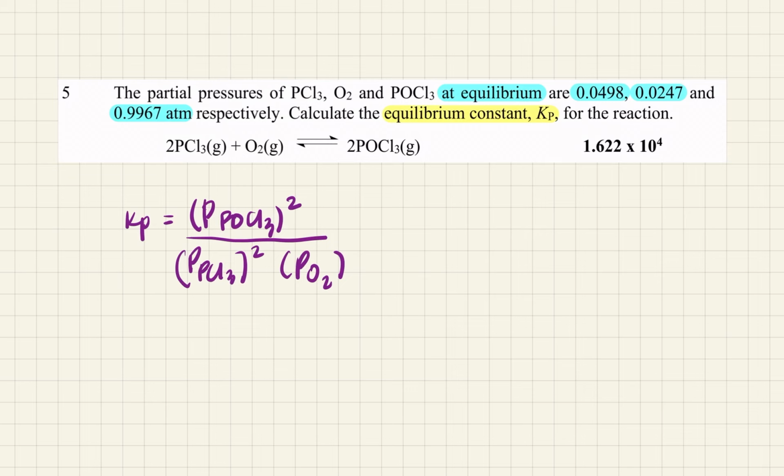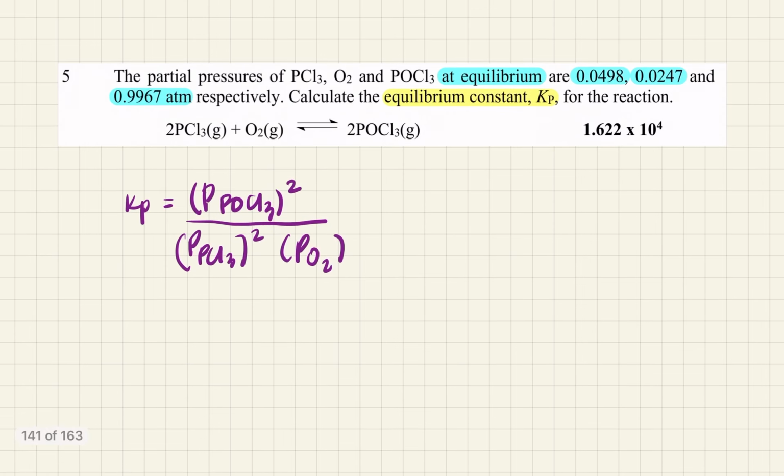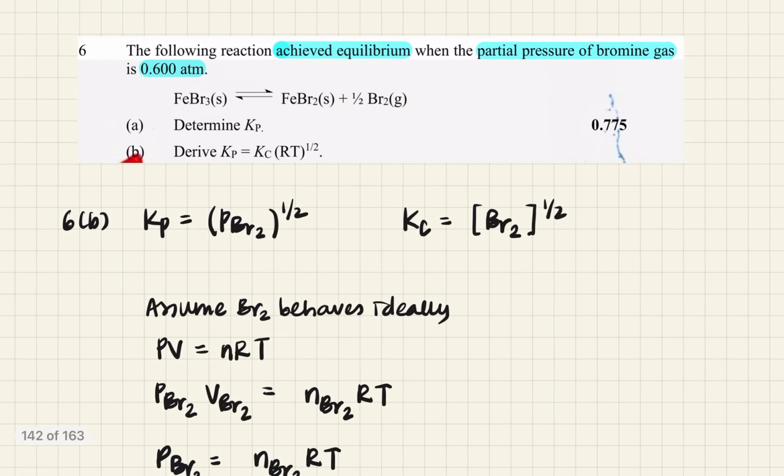And then you know the partial pressure for each of the species, right? So what you're going to do is just plug in your values. This, and this. Then you will get the answer. So make sure Kc, Kp, you will not have any units, okay? Because it is a constant. Right, so number 5 is simple.